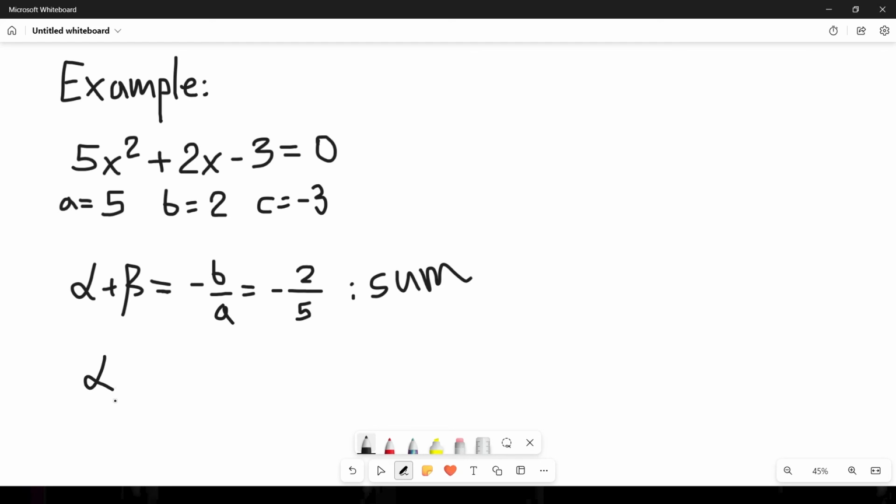And if we want to find the product of those numbers, we will simply write c over a, which is minus 3 over 5, so minus 3/5, and this is the product of our roots.